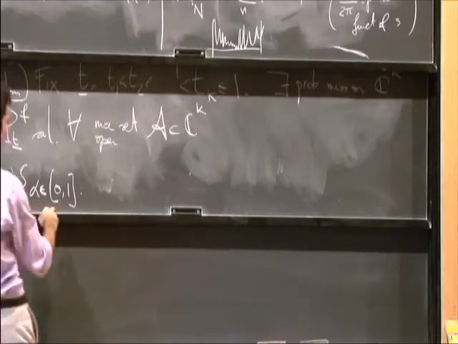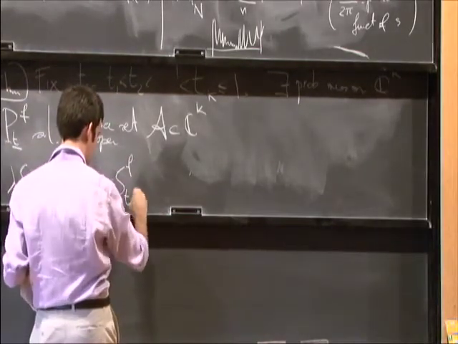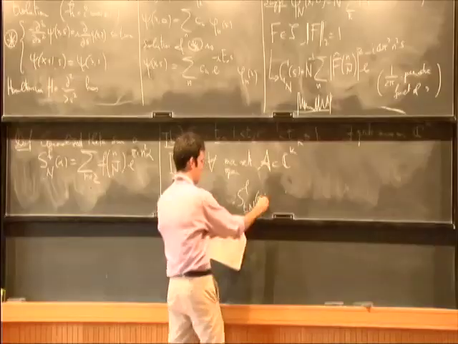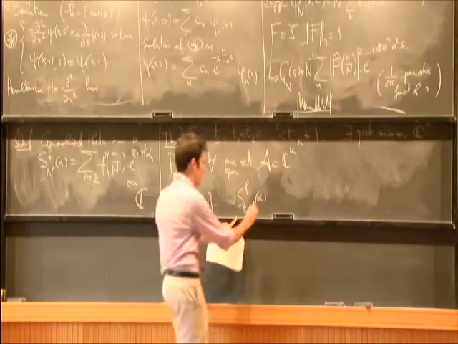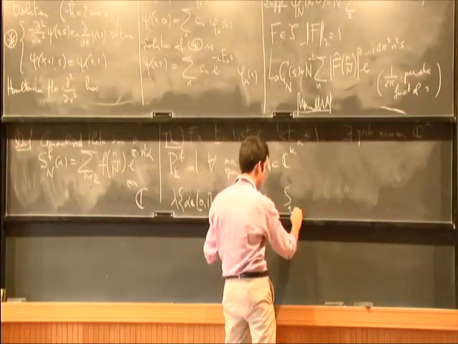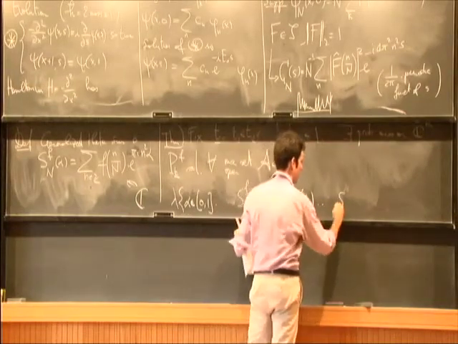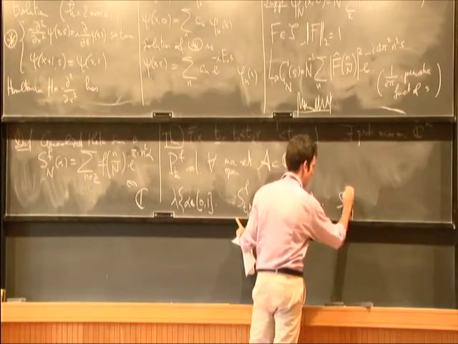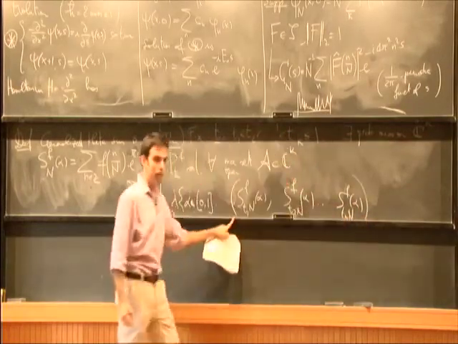Now I take S_n(f, alpha) at t1. This is a complex number. Then I take it at t2, another complex number, and so on up to tk. So this is a k-tuple of complex numbers.